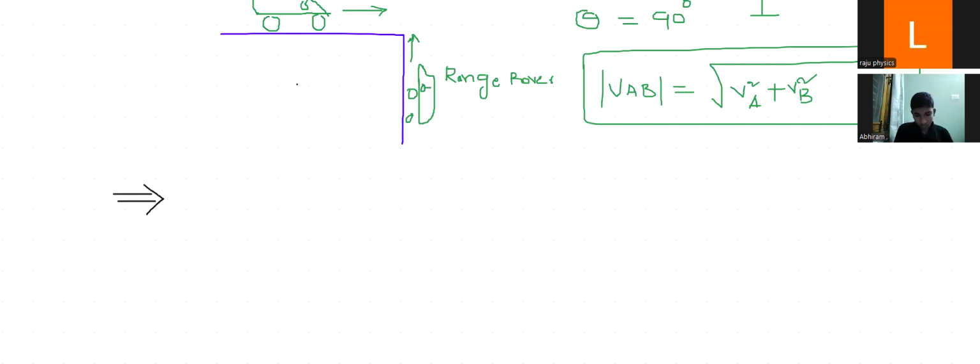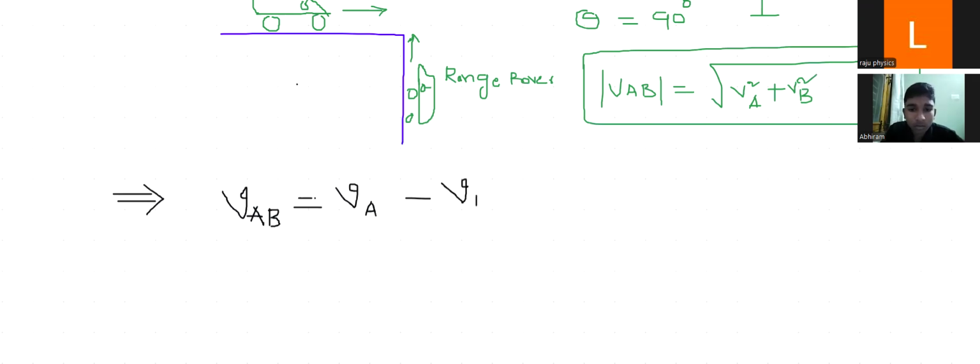So for example, this is the relative velocity of A with respect to B. What is the formula? VA minus VB.